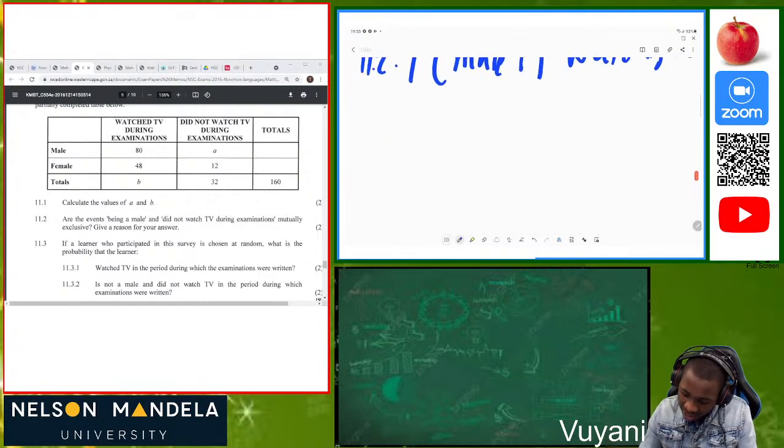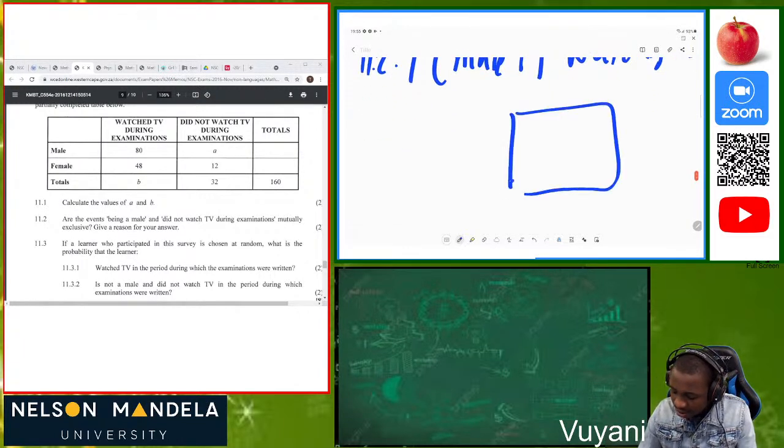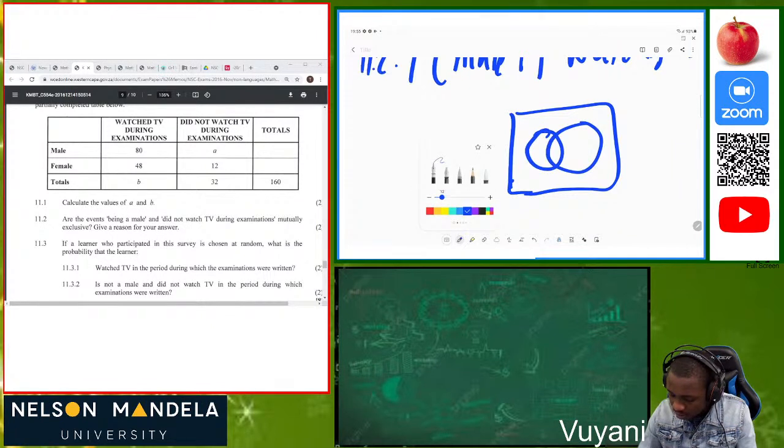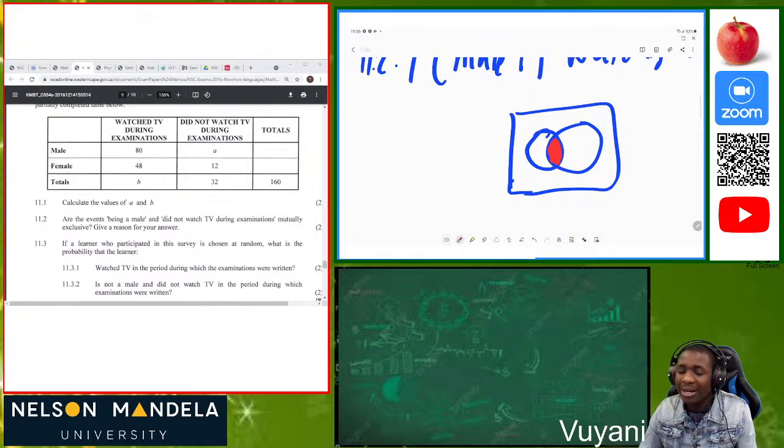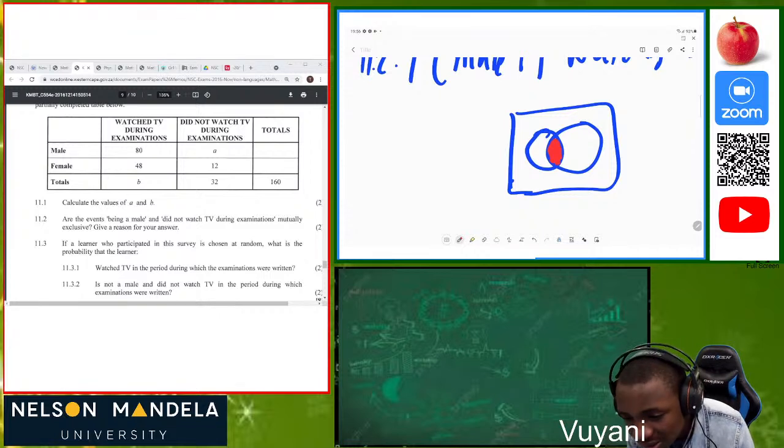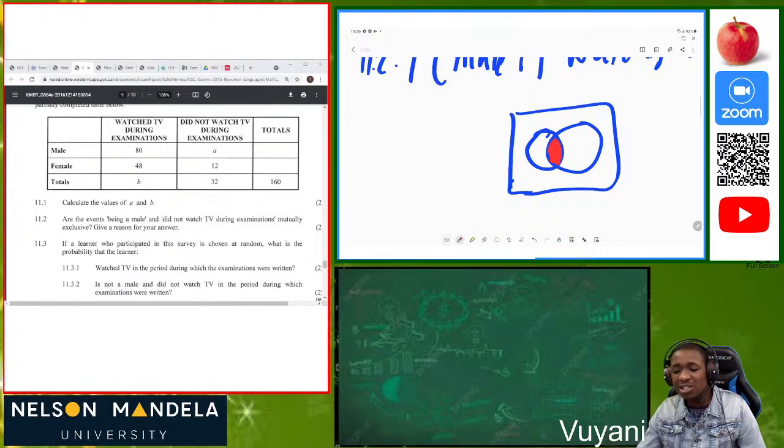So look at when you are having Venn diagrams, having these two. This point is the intersection. This is the point when we say 'and'. But now, what are mutually exclusive events? Mutually exclusive events are those events that cannot happen at the same time.